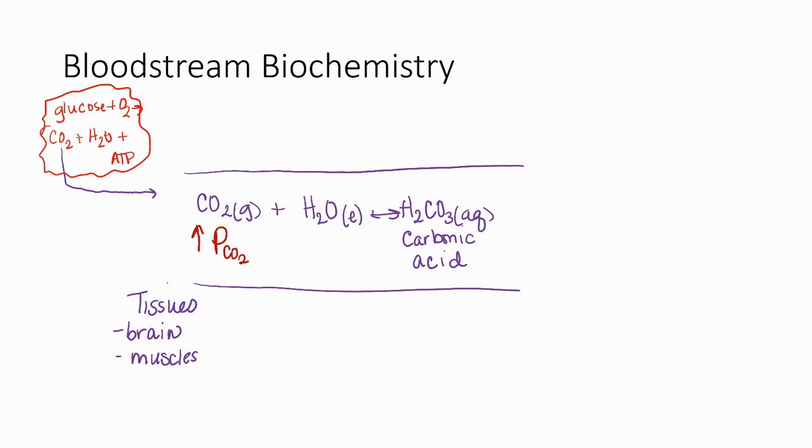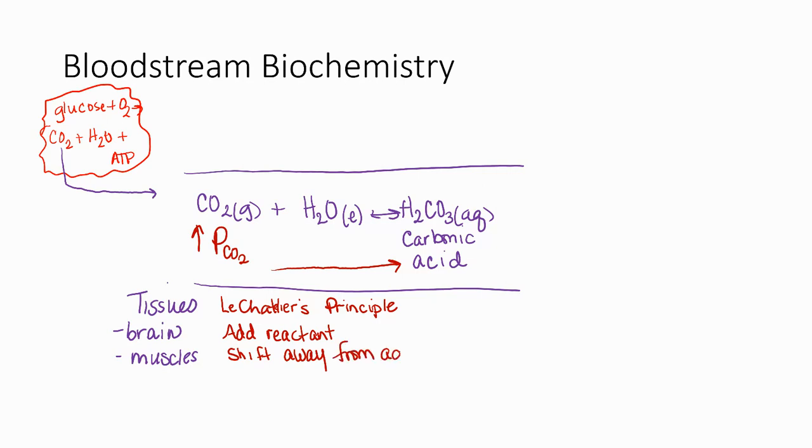And what that's going to do is raise the pressure of CO2. And Le Chatelier says that when you have a system in equilibrium, if you stress it, it's going to move away from what you've added. So this is Le Chatelier's principle: when you add, in this case, a reactant, it's going to shift away from the added stress.